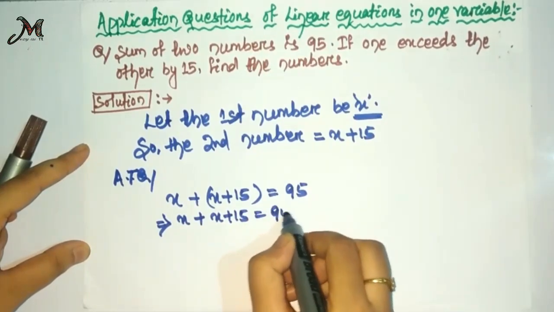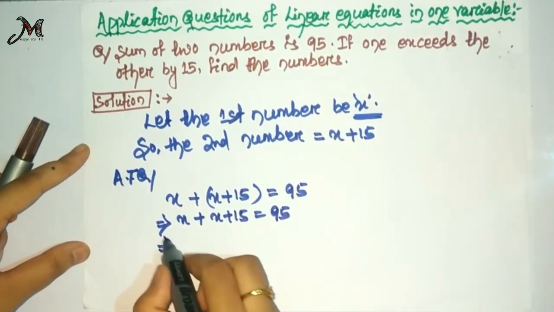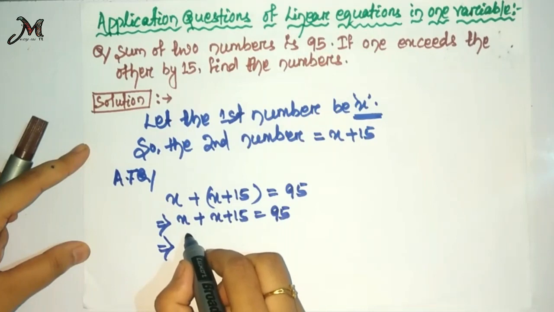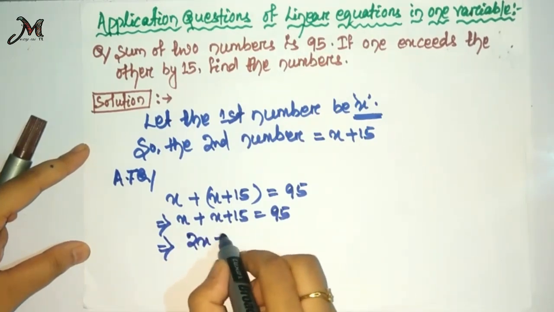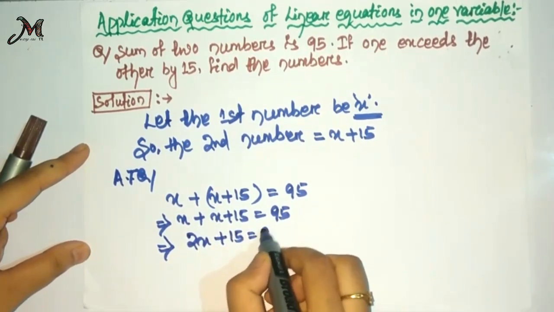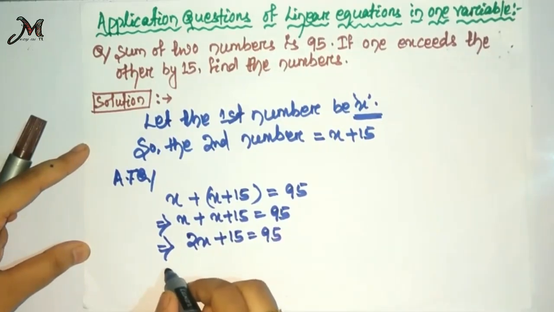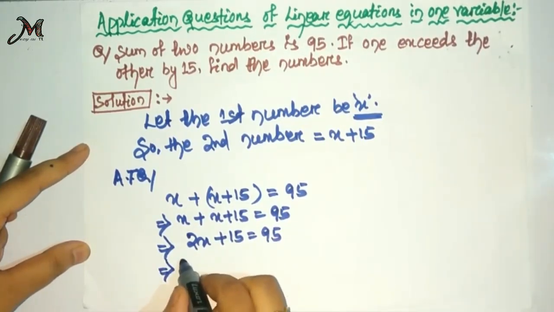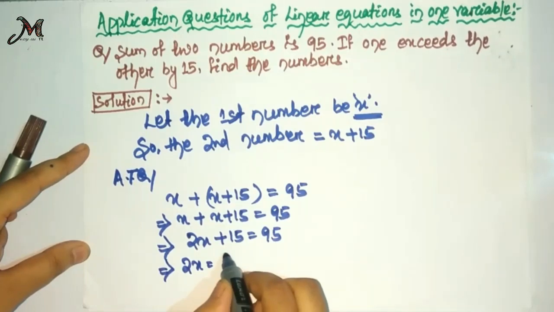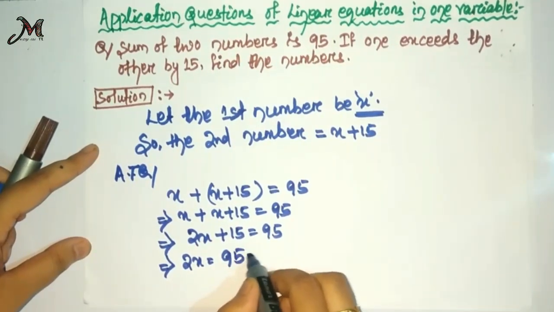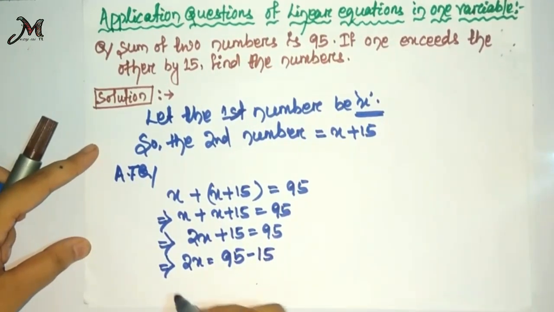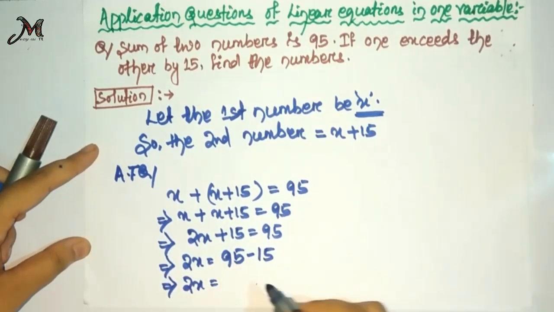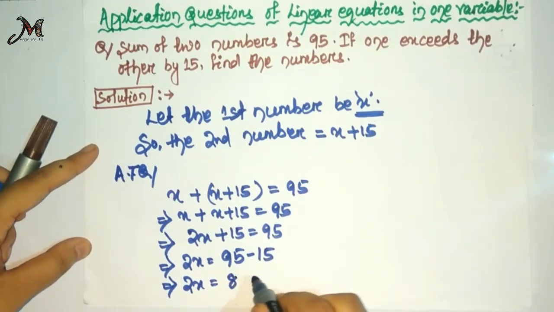Is equal to 95. Okay, now x plus x is equal to 2x. So 2x plus 15 is equal to 95. Okay, now you can write 2x is equal to 95 minus 15. That will become 2x is equal to what? 95 minus 15 will be equal to 80, right?